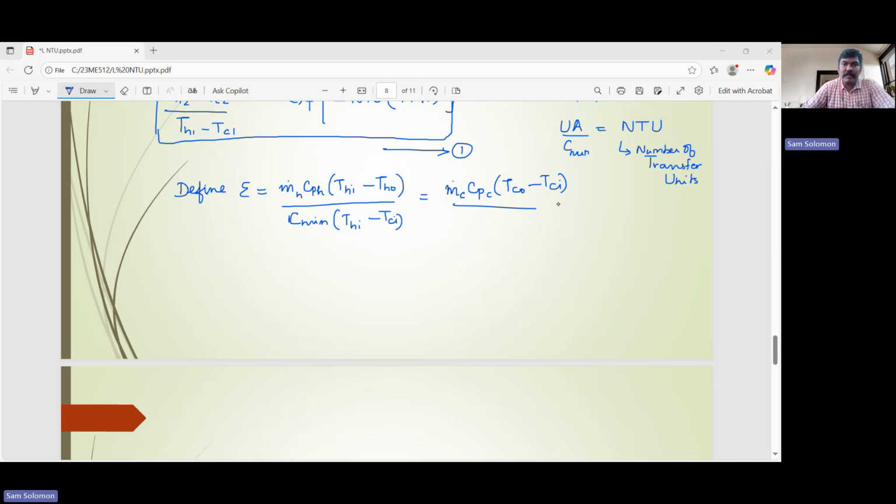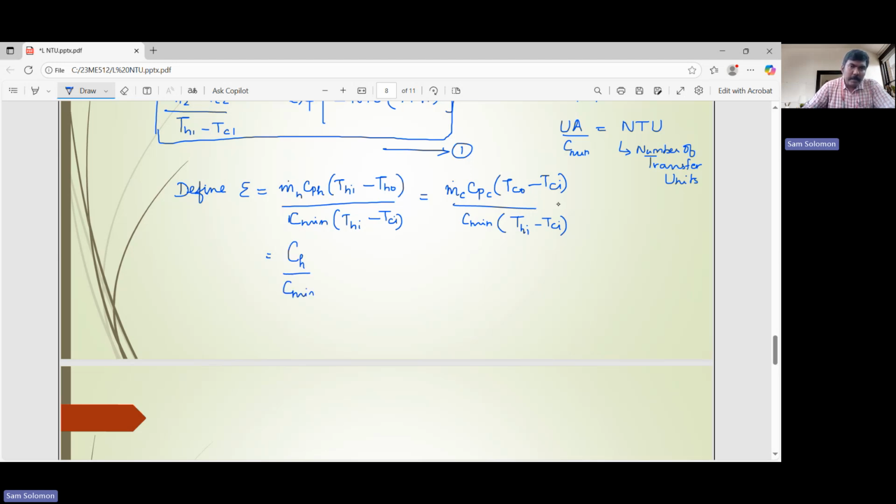So we know that the definition of effectiveness is m dot h CPH (THI minus THO) divided by C minimum times (THI minus TCI), or m dot c CPC (TCO minus TCI) divided by C minimum times (THI minus TCI). You can use the subscripts 1 and 2. So this is going to be capital CH by C minimum, and here you have got (TH1 minus TH2) whole divided by (TH1 minus TC1). And this is capital CC times (TC2 minus TC1) whole divided by C minimum times (TH1 minus TC1).